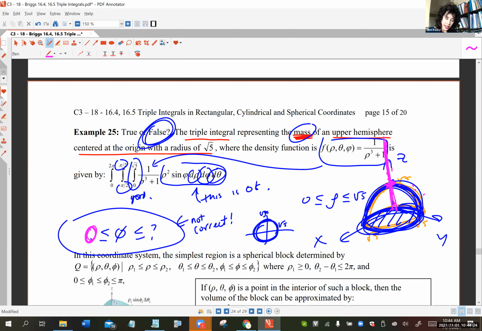Well, you keep going out, keep going out. It looks like the most that phi is ever going to get, since this is the upper hemisphere, the largest value for phi here will be 90 degrees, or pi halves. So the phi for this problem, if they had put the range from 0 to pi halves, that would have been good. So if we change this lower limit to 0, it would have been perfect. And that concludes that example.